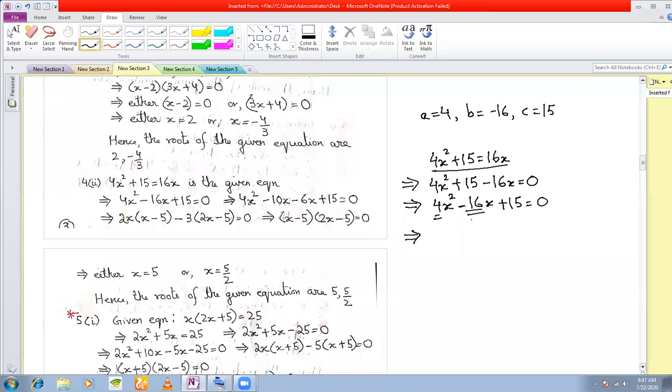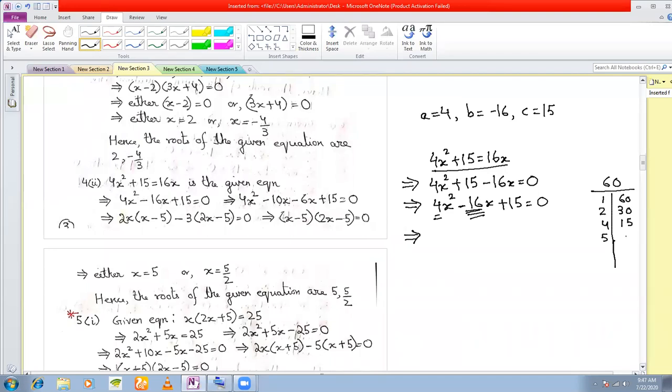Okay. So let's see if you can break the middle term. 15 into 4 is 60. And 60, what are the factors of 60? 1 and 60, 2 and 30, 4 and 15, which will not give you minus 16, obviously, all these. Okay.